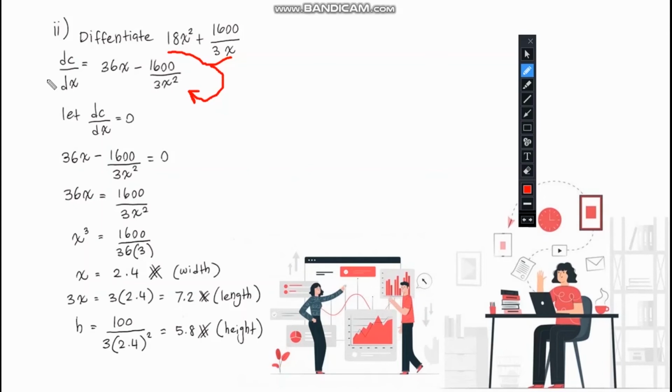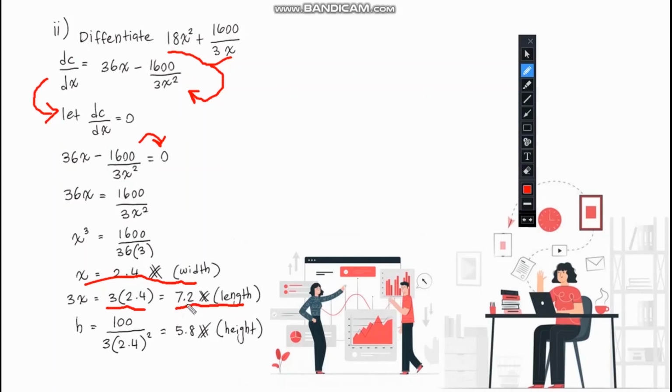Then we let dC over dx, the differentiated value, equal 0 so that we can find the value of x, and we can simplify and transfer the value to the other side, and we will have x equal to 2.4, which is the minimized width of the rectangular aquarium fish tank. And from there we can find the length by multiplying x by 3, and we will have 7.2, which is the minimized length of the aquarium fish tank.